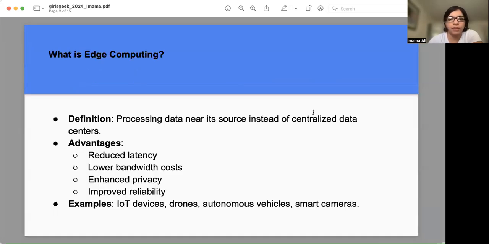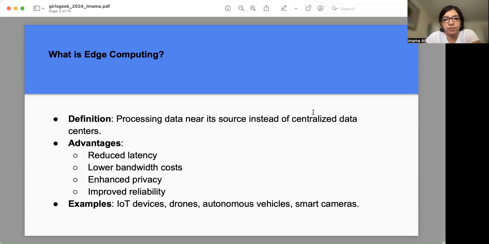Edge computing is processing data near the source instead of in centralized data centers. So instead of having a centralized processing unit, we process the data on the edge device, which is required for some real-time applications or to help with the privacy of the data.